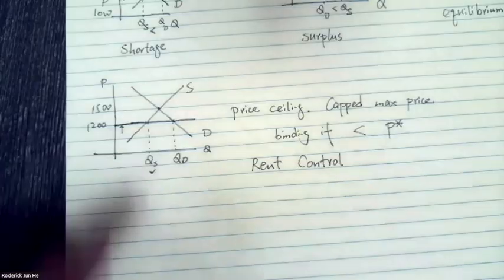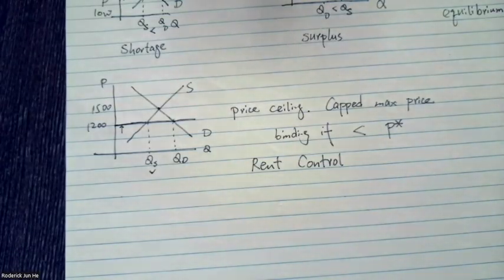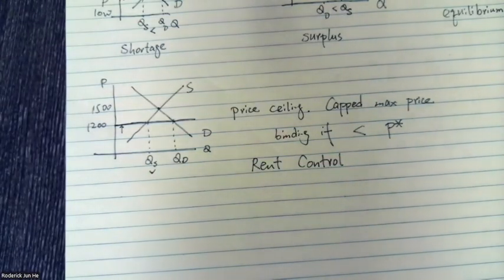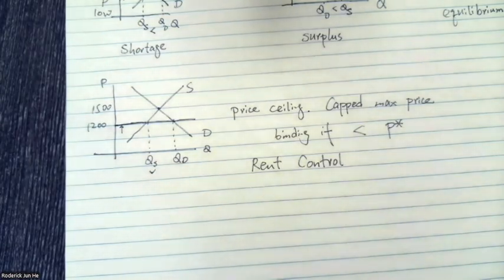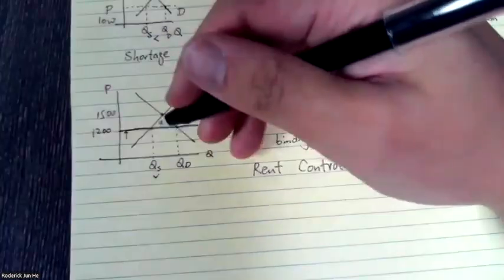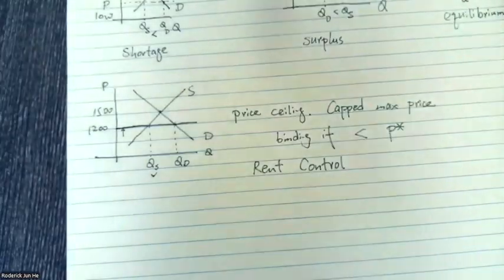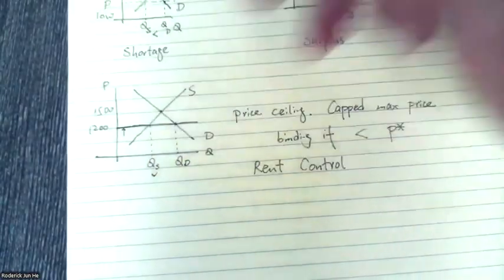Let's go to the intuition. So in terms of rent control, right, like a Section 8 or housing authority, stuff like that. In such a case, we may have a lot of demand because the price is relatively low.